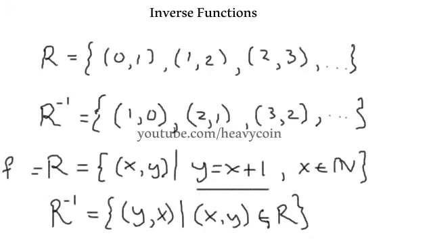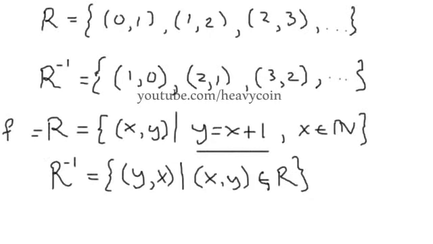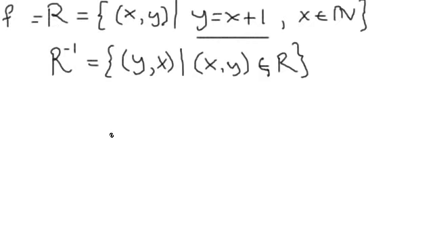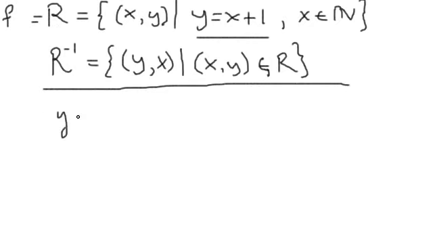Okay, so let's expand on this a little bit. Now remember, I'll draw a line here. We had y is equal to x plus 1. So this is what we're working with. Now I want to mention something about this set of numbers that we plug in for x right here.